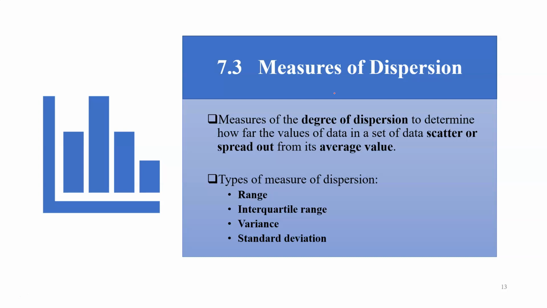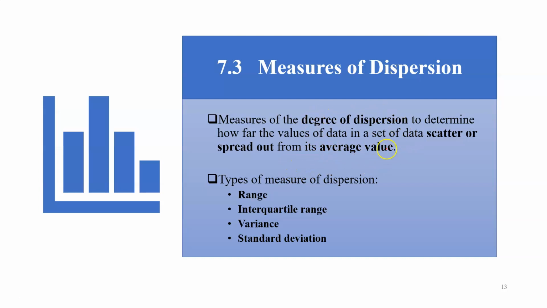But for measures of dispersion, there are lots of types. First, you need to know what does it mean by measure of dispersion. Measure of degree of dispersion to determine how far the values of the data in a set of data scatter or spread out from its average value.